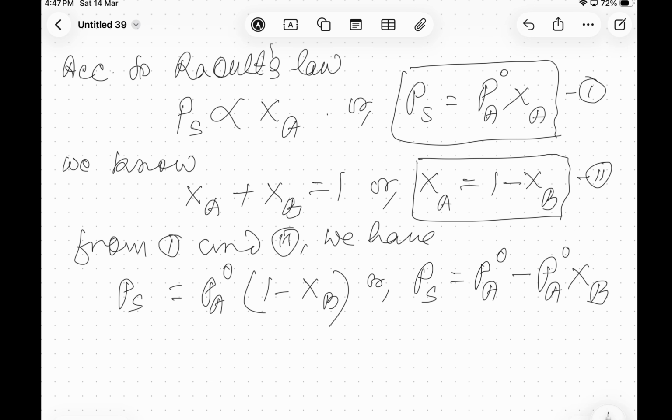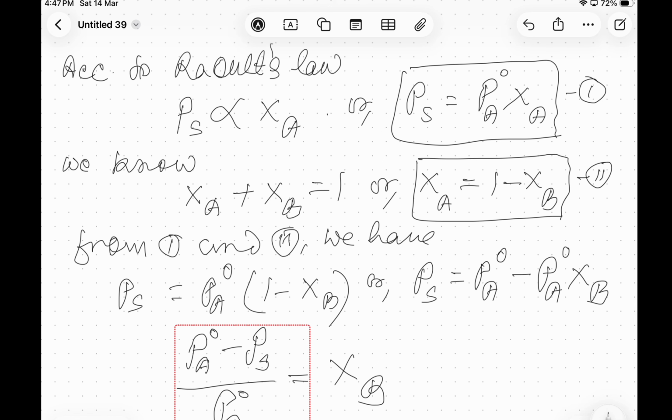So the formula finally comes PA naught minus PS by PA naught, relative lowering of vapor pressure, is equal to XB. This is final equation.